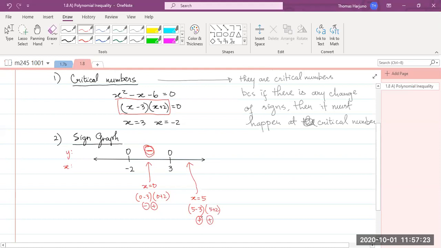Notice that I didn't really compute 2 times 7. Of course, I can compute that, but what I really care about is just whether it is positive or negative. This will be positive. And likewise here, let's say I pick x equals negative 5. So negative 5 minus 3 times negative 5 plus 2. That would be negative times negative, that's positive.